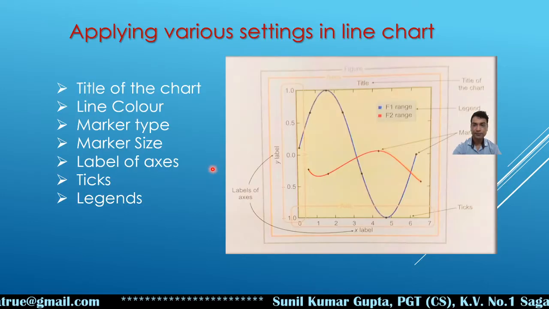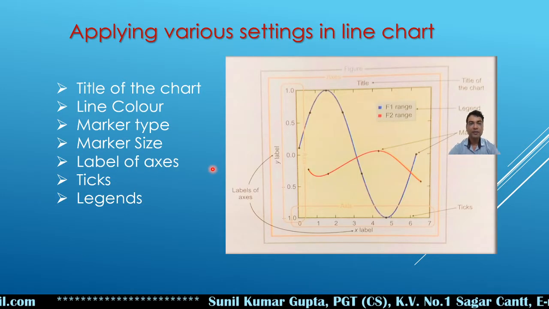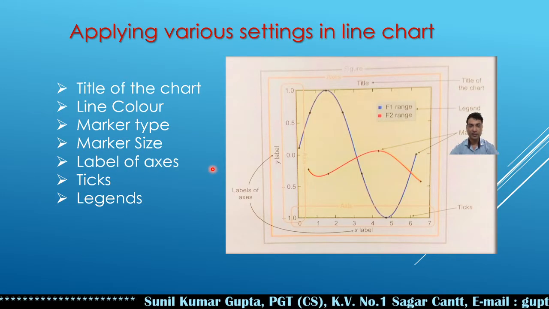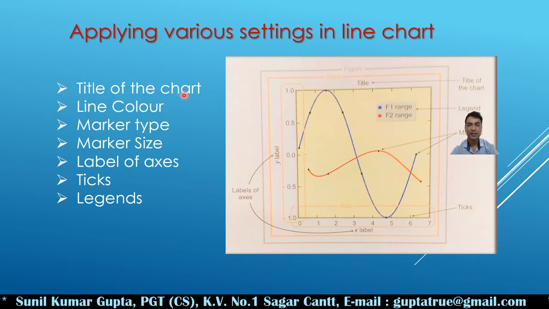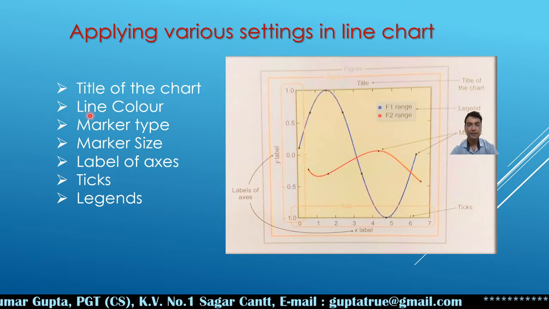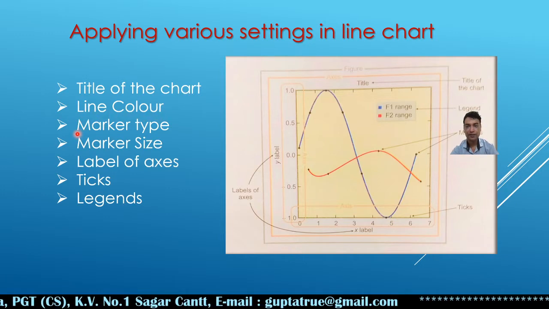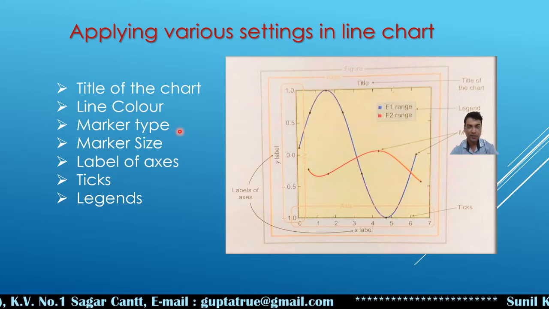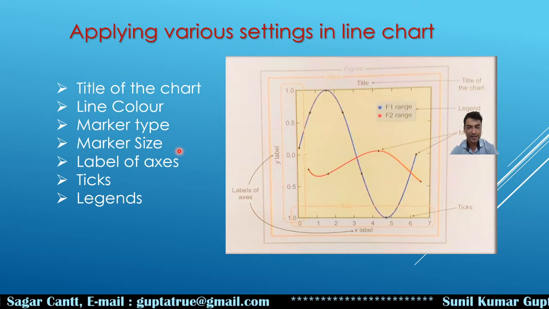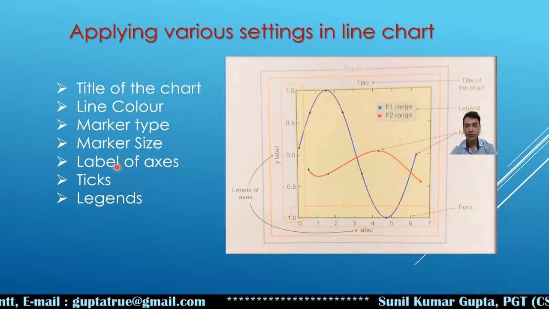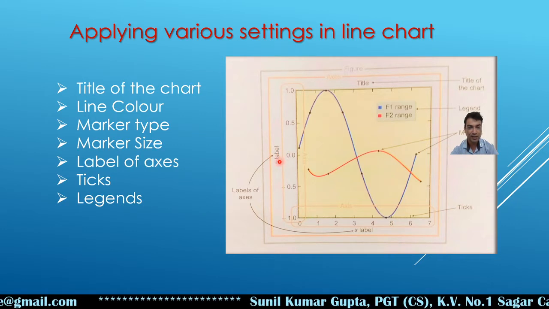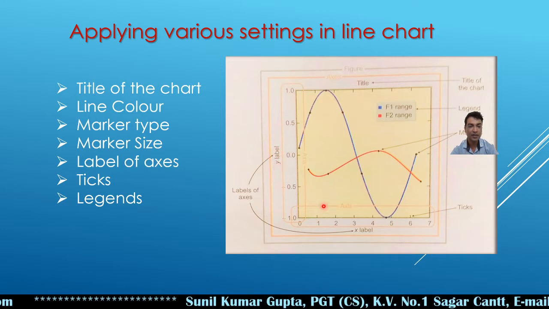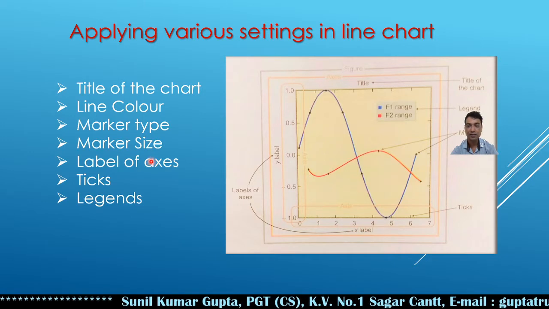Next, we can apply various settings in a line chart, such as title. We can give the title of any chart, line colors, marker type, marker size and marker style also. Label of axis: you can give the name for the x coordinate and y coordinate.